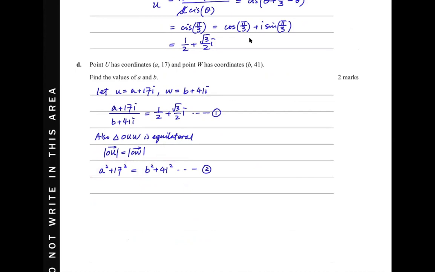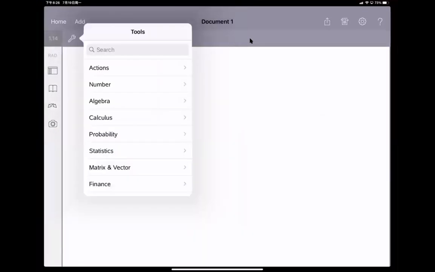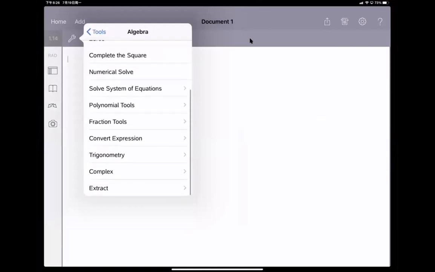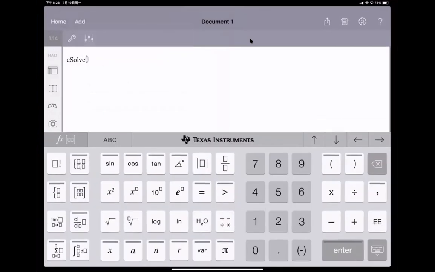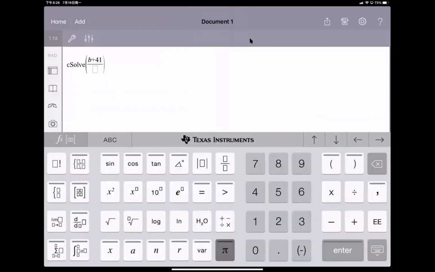Now, let's use the CAS calculator to solve them. In this case, I'm going to call for complex solve, cSolve, because we have some expressions involving i's. Make sure you use the constant i here, okay? b plus 41i, a plus 17i equals half plus root 3 on 2 i.